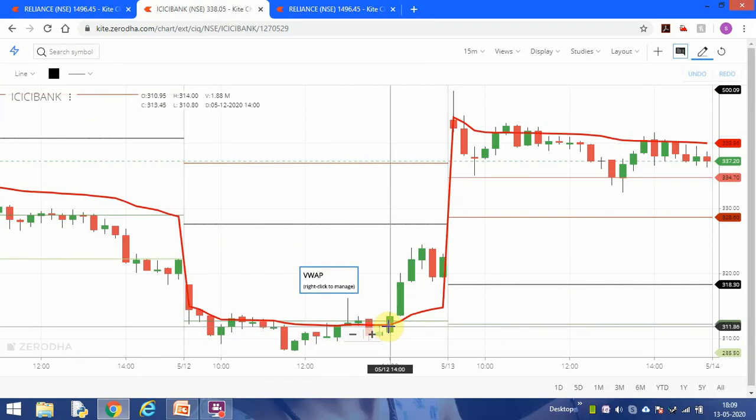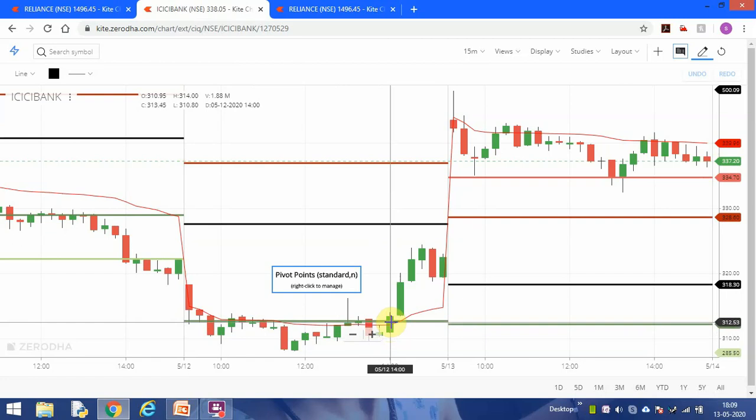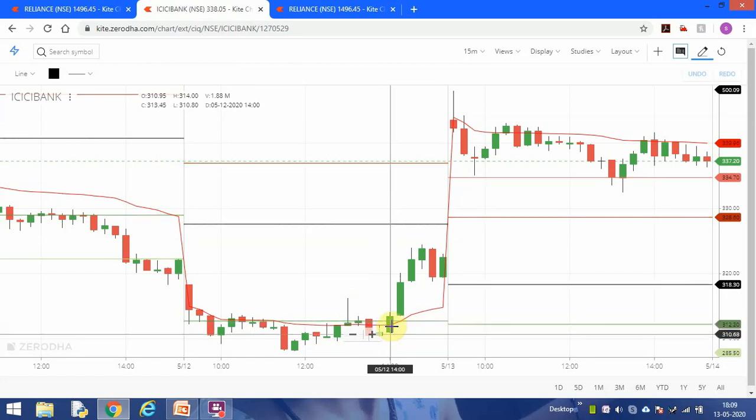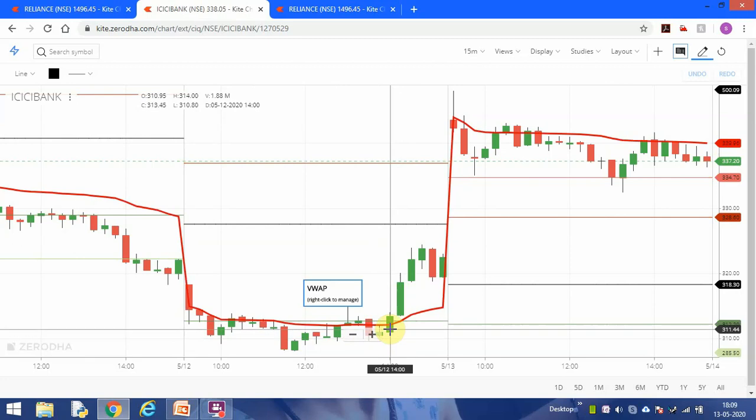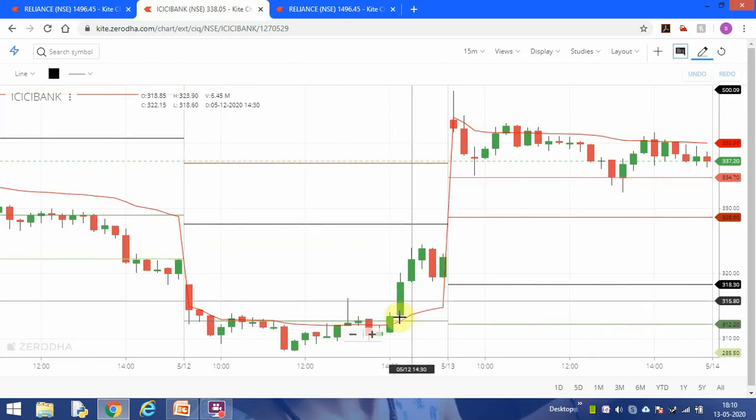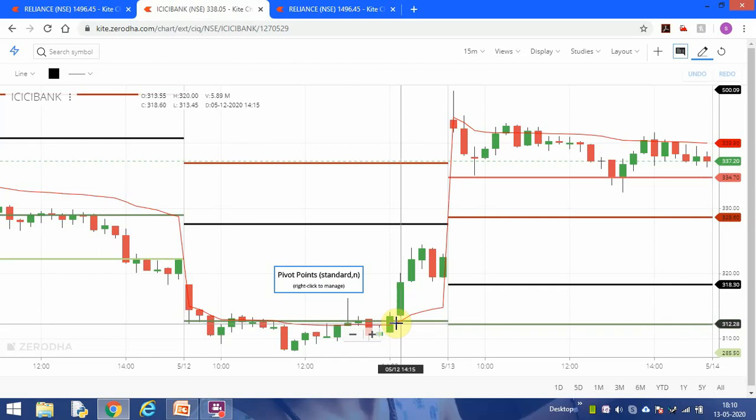You see here, this is the support one, and from here you see a buying candle at 2 o'clock. Then if you have bought here, you see VWAP already got change, and you observe the candle was below and it has come above VWAP, and the share was at 312 rupees.